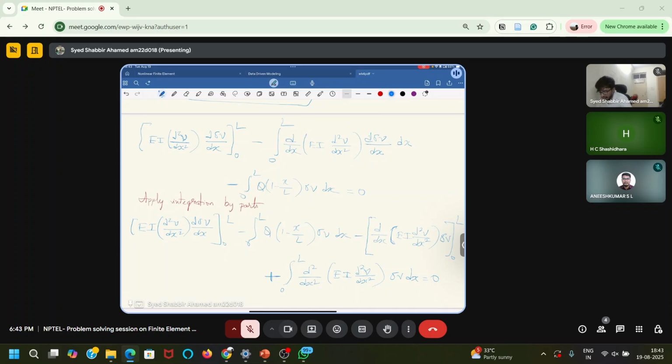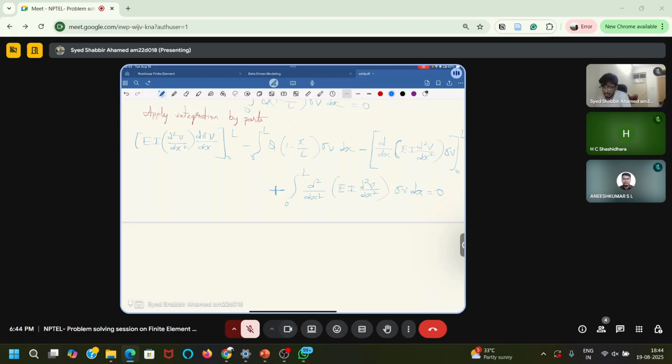So now you can see we have finally got this form, and now we can get the governing differential equation from this. What we will do is take all the integration terms which are with respect to delta v.